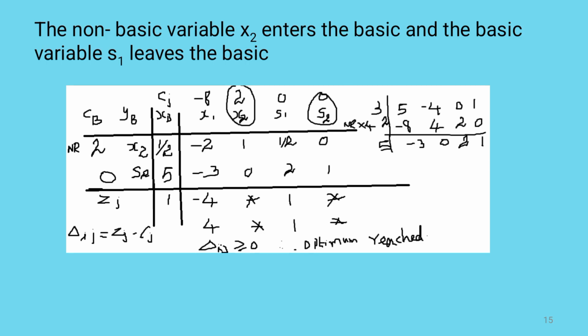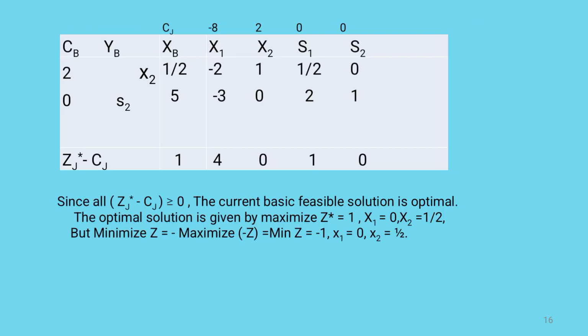So x1 and x2 are the decision variables. Finally, we need the minimum value, so minimum is minus of maximum of minus z. Already we have the maximum value as 1, therefore the minimum is minus 1 when x1 is 0 and x2 is 1/2.